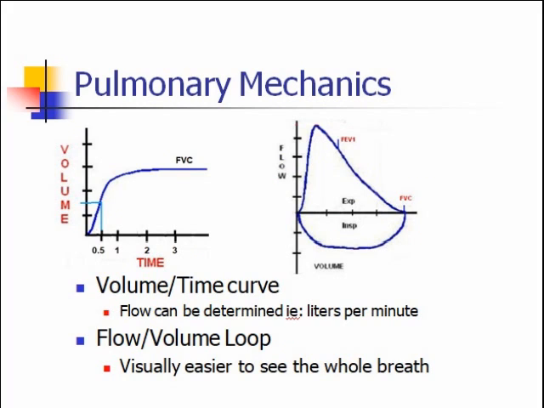Here you see the two graphs that are found in a pulmonary function test. We have the patient take in a great big deep breath in and blow it out as hard as possible. As the patient is doing this, the spirometer measures this exhalation, and it will display it in two different ways.